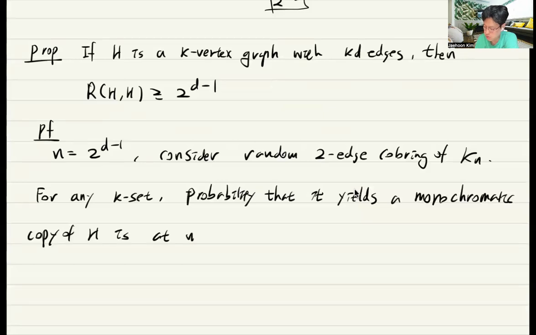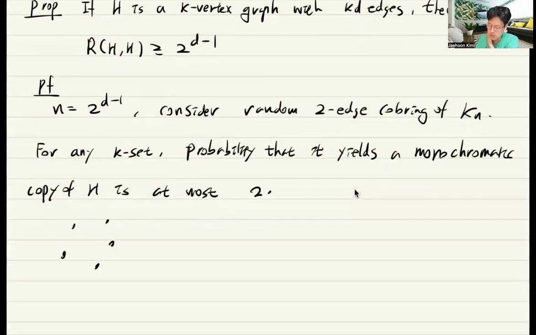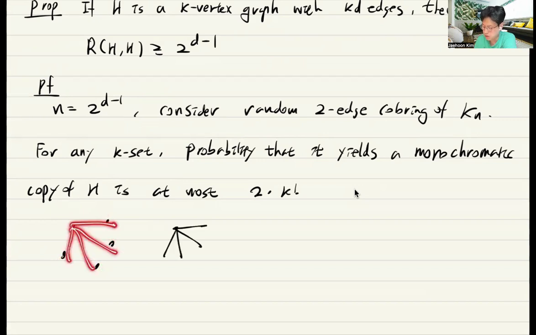This is at most, so you choose a color, either red or blue. And then if you have k vertices, there are at most k factorial ways to take a copy of H. For example, if your H is this, then you can either take a copy here, or here, or here, or here, or here. So there are 5 ways.